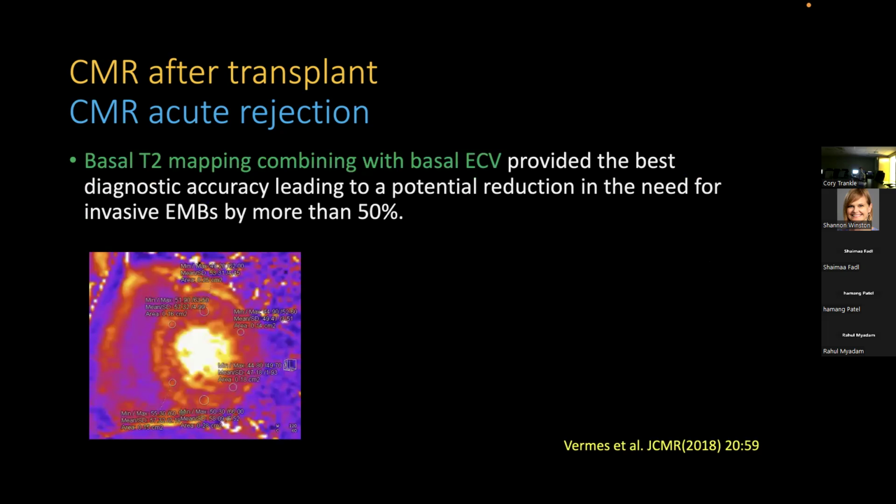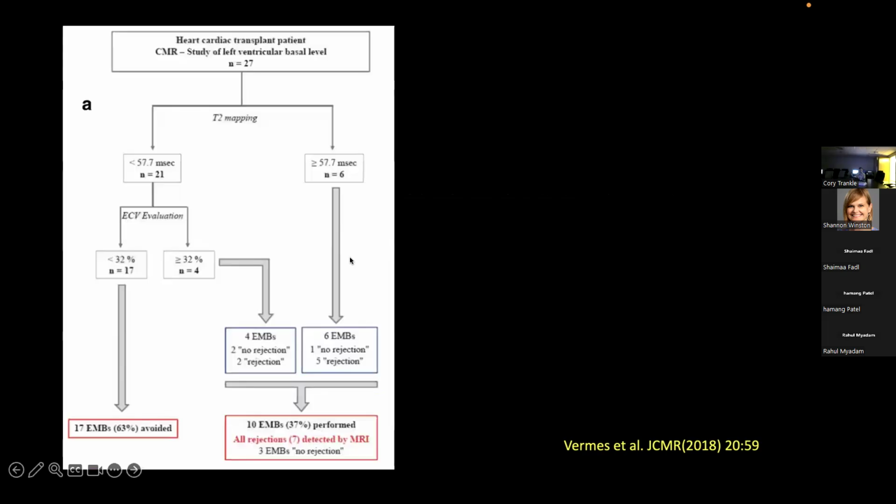In another study, they suggested that basal T2 mapping combined with the ECV has the best diagnostic accuracy. When you combine the T2 findings and the ECV values at the basal segment, you can decrease the need for endomyocardial biopsies by 50%.